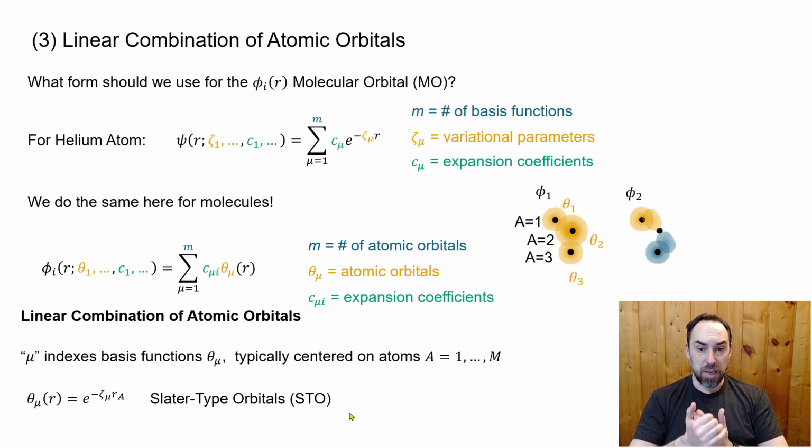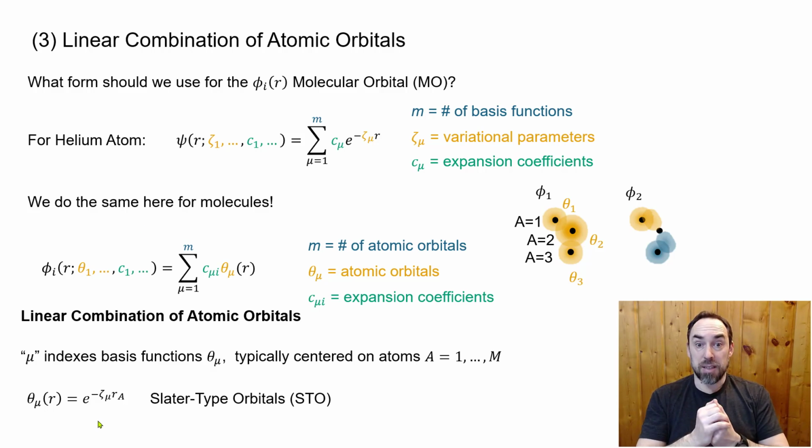The next question is, how can we write these theta mu, these atomic orbitals? Well, the simplest way to do it is just to use what are called Slater type orbitals, or STO, which are just s-like exponential decays, like we were looking at over here for the helium atom. At some point we realized, oh, we can use many of them to better describe our orbital. The simplest case, we can use just one.